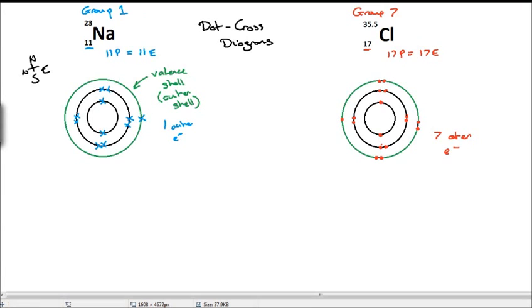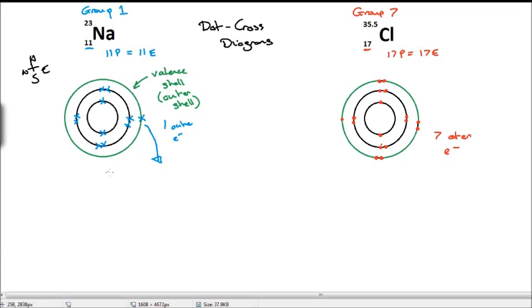Now, sodium would be very happy to lose this electron. So it loses that electron, and by losing it, we lose the actual valence shell here.